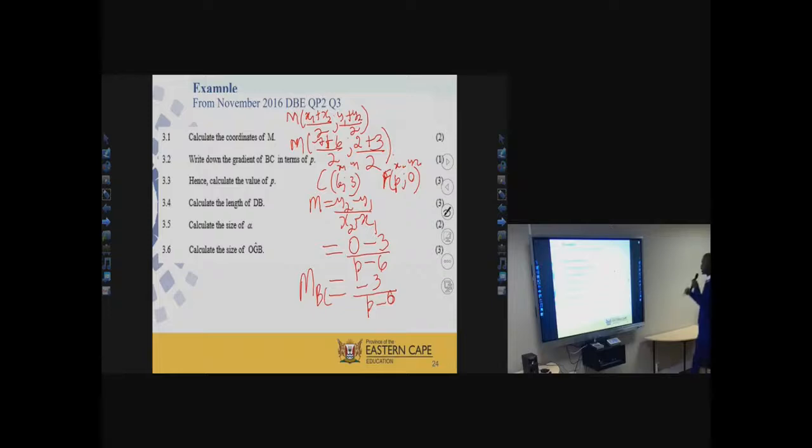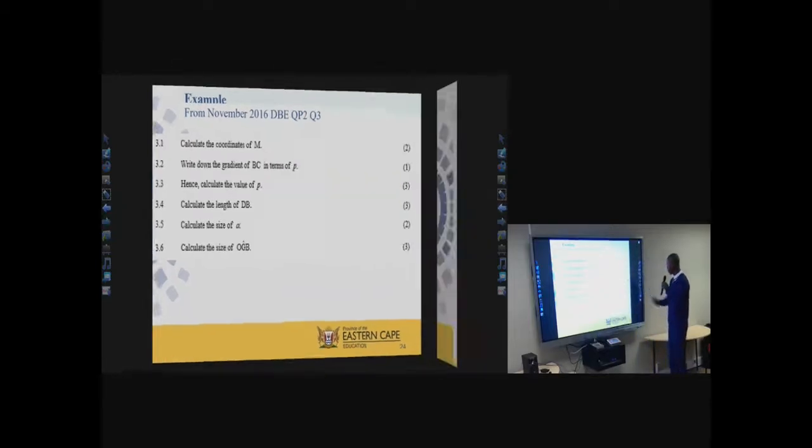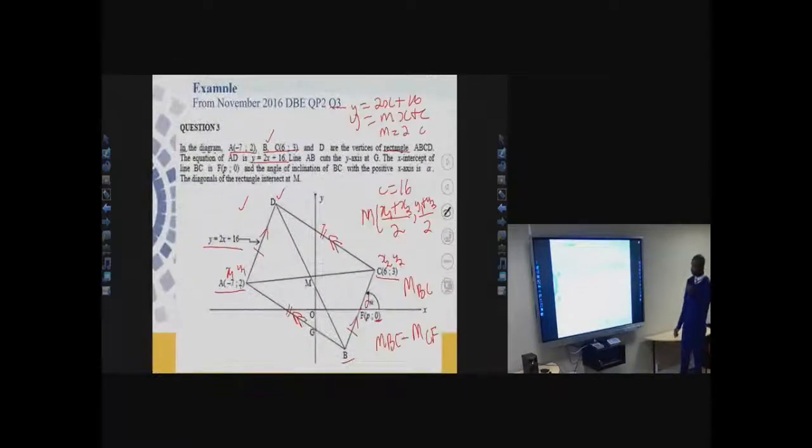Then the next question, hence calculate the value of P. Now you go back to the diagram and check where is P. P is obviously there and is in this gradient. Now which other gradient is equal to this gradient? Remember, this is parallel to that, and you know the gradient of this line, because once you know the equation, it means you know the gradient.